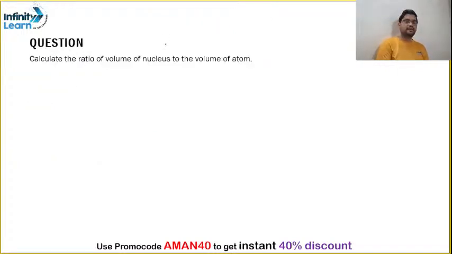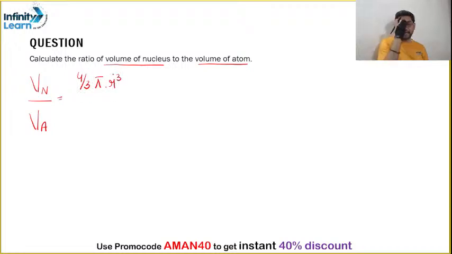On the basis of this, we can calculate something. Let us calculate the ratio of the volume of nucleus to the volume of atom. Both are spheres, so the volume is 4/3 pi r cube.